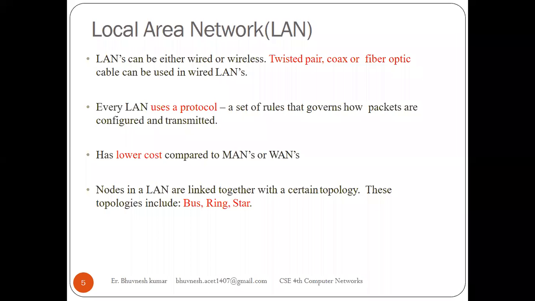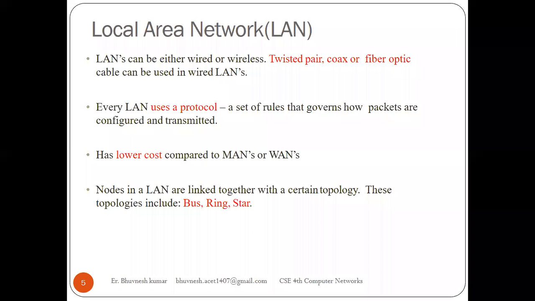Okay, next topic in our computer network is network topologies. These topologies are commonly used while creating your network. First topology is your bus topology. This we will study in detail in our next topic. The types of topologies are bus topology, ring topology, star topology, mesh topology, hybrid topology, and tree topology.